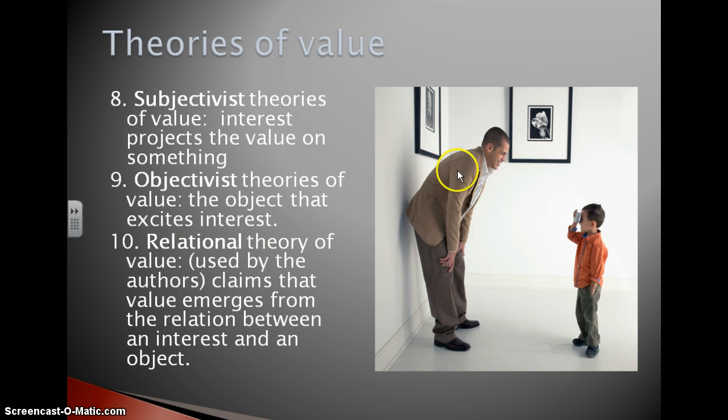Maybe because it's by a particular famous artist, and so we project value. Ooh, it's a Renoir, or it's a Rembrandt, just an example from what we've been studying, and we project the value on it. So those are different theories of how value is created.